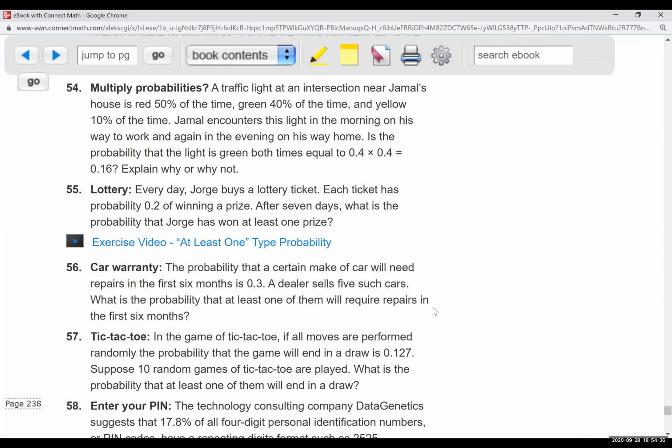Every day George buys a lottery ticket. Each ticket has a probability of 0.2 of winning a prize. After 7 days, what is the probability that George has won at least one prize? So I'll give you time. Try this. This is from the last objective for this section.